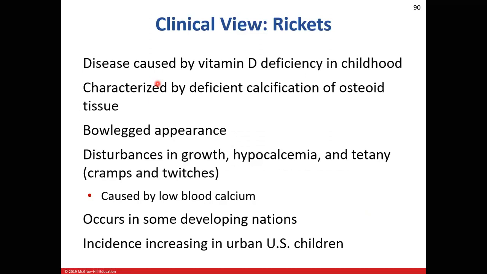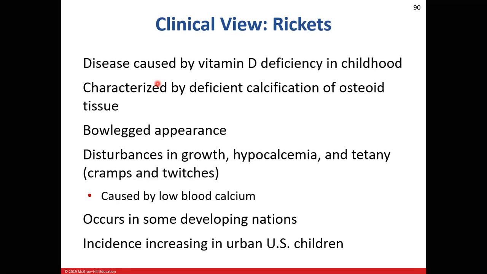So another clinical view is going to be rickets. Now, rickets is really a childhood disorder, and it's caused by a vitamin D deficiency in these children. It's characterized by a deficient calcification of the osteoid tissue, and we're oftentimes going to see this bow-legged appearance, again, because as children develop, they didn't have enough vitamin D, they didn't get enough calcification of the bones at the right time, and so essentially we're looking at a situation where we were trying to put a lot of weight on essentially cartilage templates.